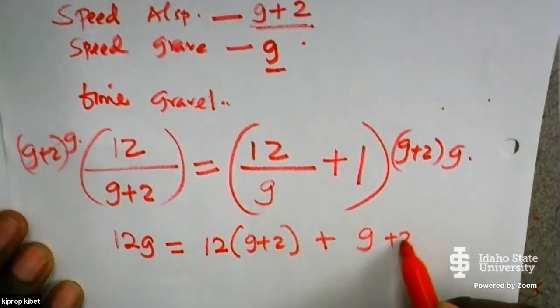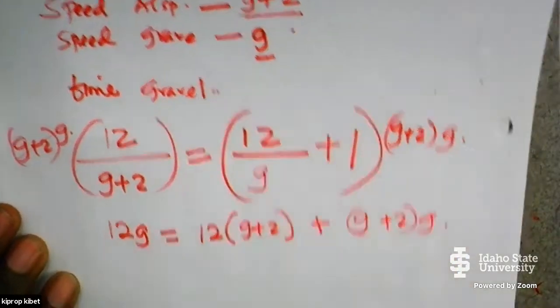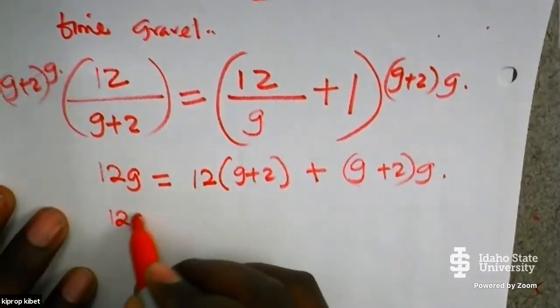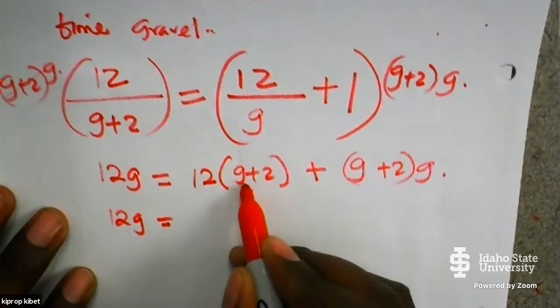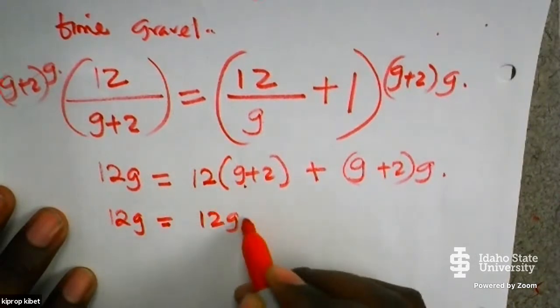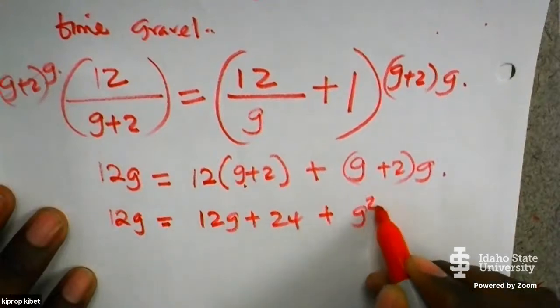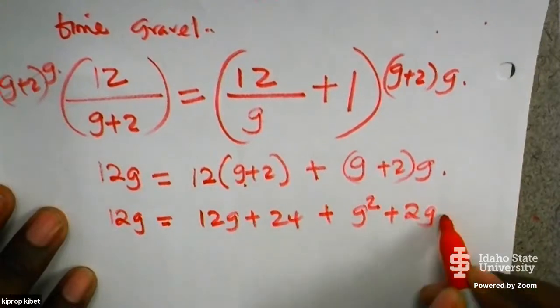G plus 2 times what? G. So 12G equals, when you open these brackets, 12G plus 24 plus G squared plus 2G.